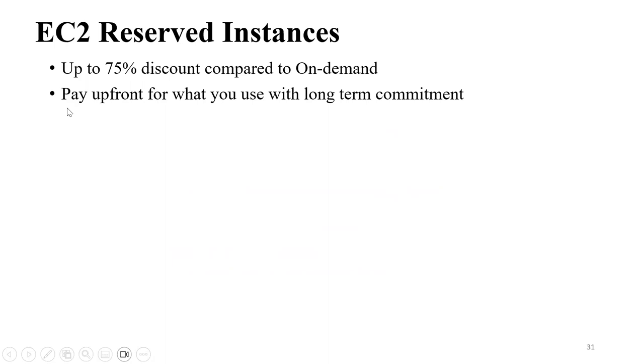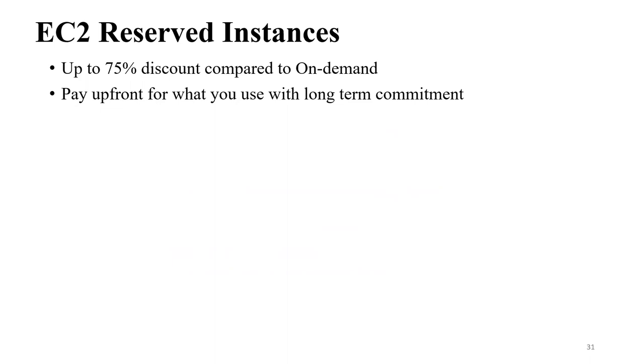You have the option to pay upfront for what you use with the long-term commit. Suppose I take it for rent for 1 year and pay that 1 year amount upfront, before itself, then definitely we will get some more discount on that, right?